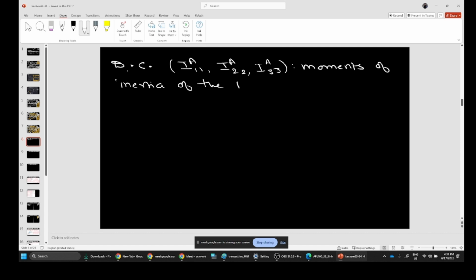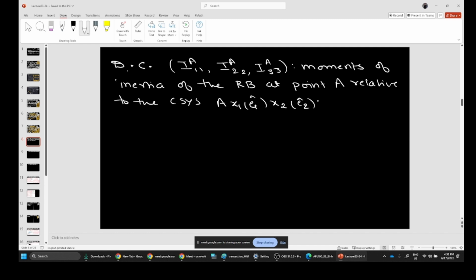Moments of inertia of the RB at point A relative to the coordinate system. And this is a phrase you are already familiar with.